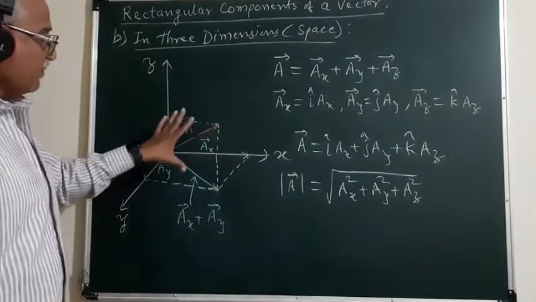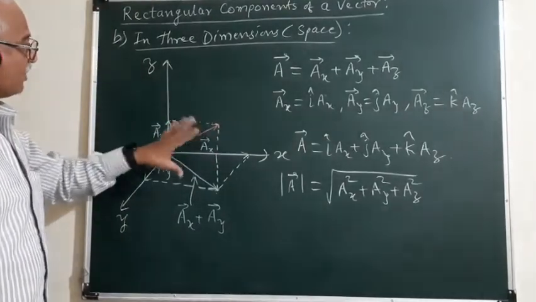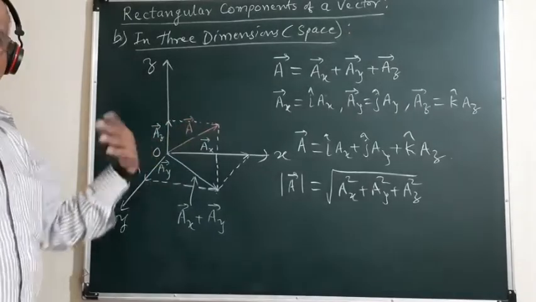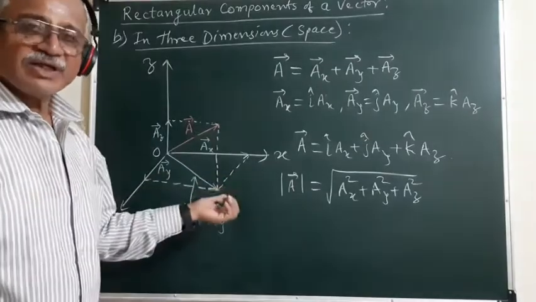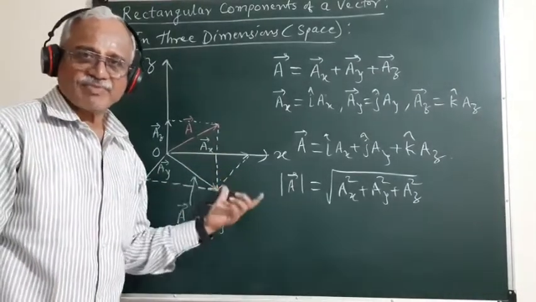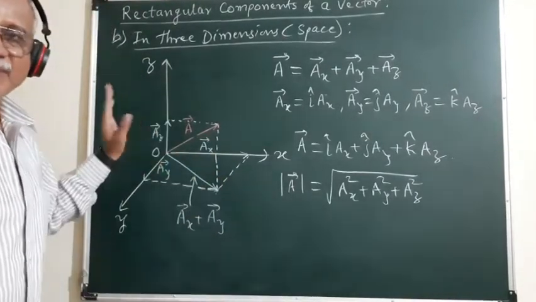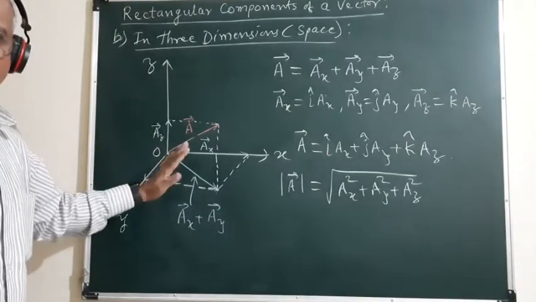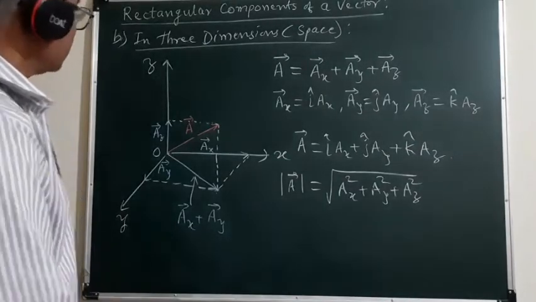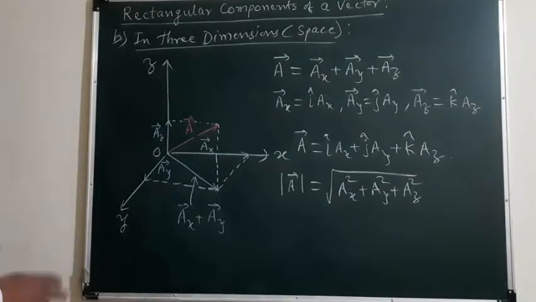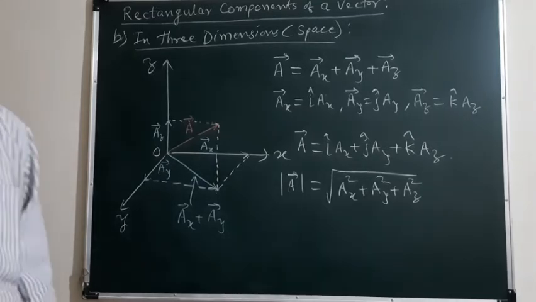So in this way, we can resolve the given vector A bar in terms of its rectangular components, say x component, y component, and if the given vector is considered to be in the space or in 3 dimensions, it can be resolved in 3 components, ax, ay and az. So that is about the rectangular components of a given vector. In the next video, we are going to study the addition and subtraction of the vectors.